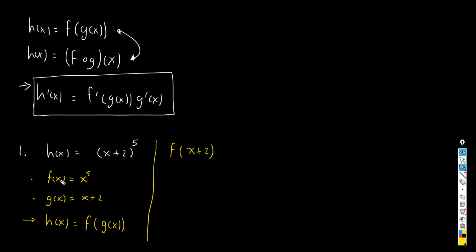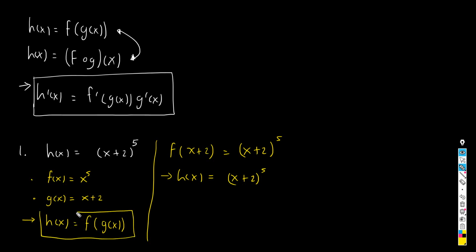If f of x is equal to x to the 5, then f evaluated in x plus 2 will be equal to x plus 2 to the 5. You see what I mean? It's a composition, and this is in fact h. So basically h of x is going to be equal to x plus 2 to the 5. And it's basically a composition of functions.